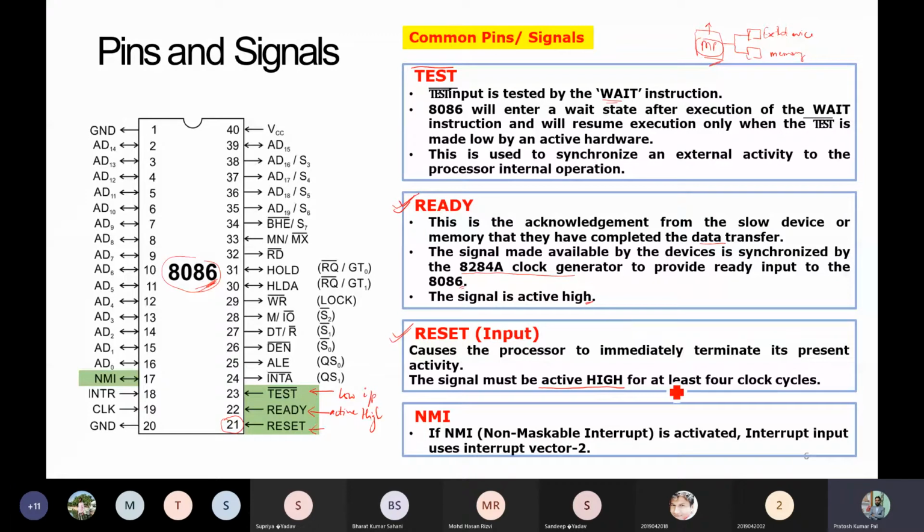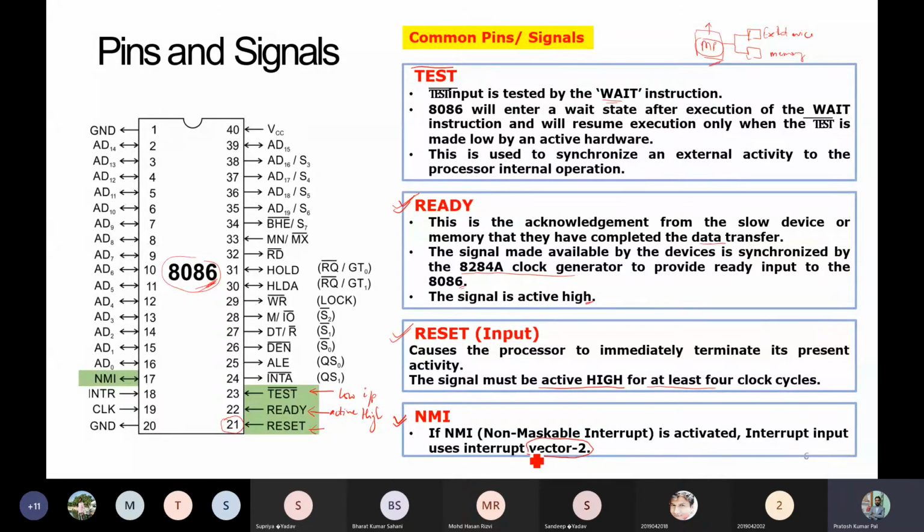Next one is NMI, which stands for non-maskable interrupt. It is a bidirectional pin, so it can be an input and is considered an output also. If NMI is activated, this interrupt input uses interrupt vector 2. We will see this later.